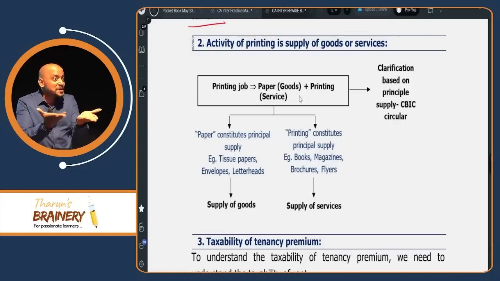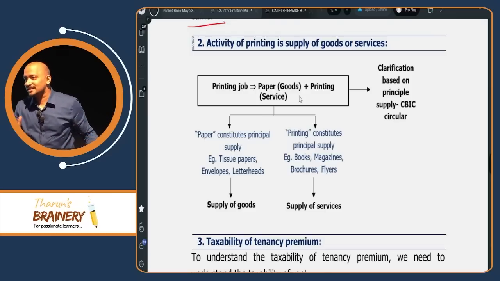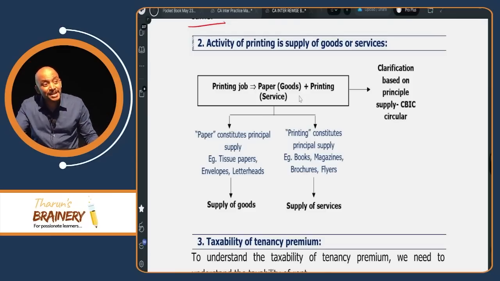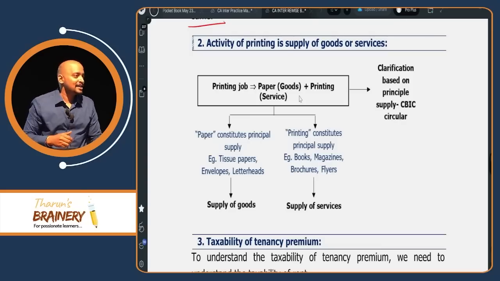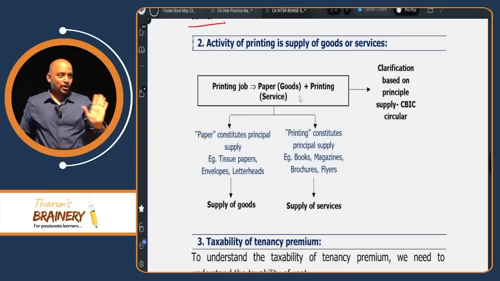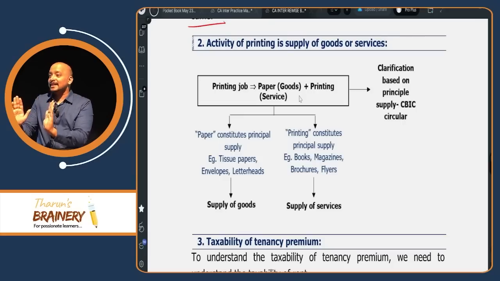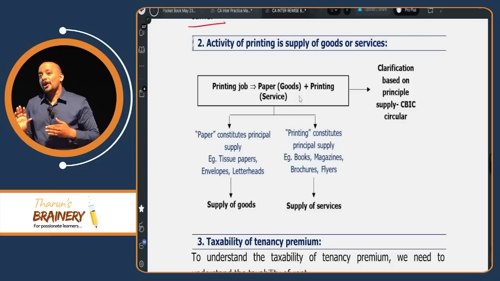Which means it's not for the paper and ink you are purchasing, it is for the printing quality. If the information is not properly printed, why will you buy? Or if page numbers are scrambled, will you buy? No. So printing and binding is the predominant supply, so it will be treated as supply of service.